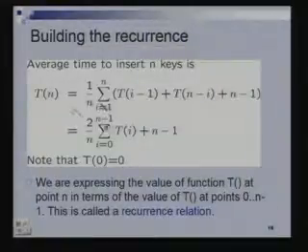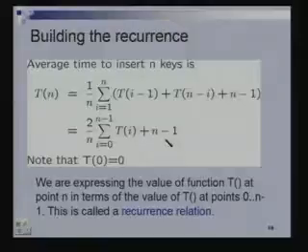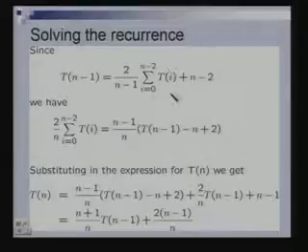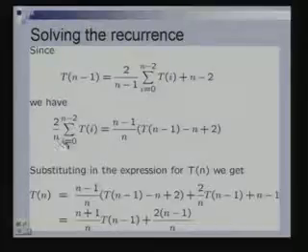So t of n, what did we say here? T of n is 2 over n times the sum of the previous t's plus n minus 1, right. So I can write t of n minus 1 is 2 over n minus 1 times the sum of the previous t's plus n minus 2, right. I just replace the n by n minus 1, and so I can just rearrange this. So this quantity, or 2 over n times this sum, equals what?